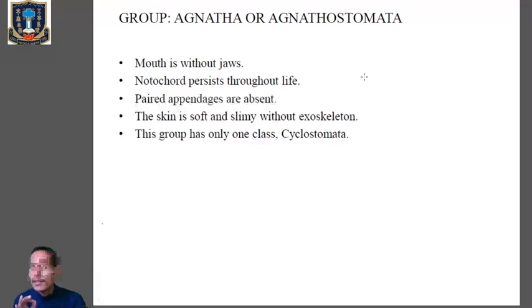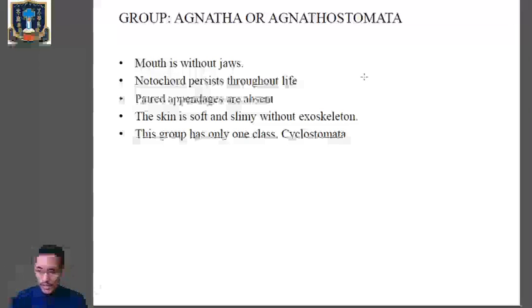Paired appendages are absent. Skin is soft and slimy without exoskeleton, and this group has only one class, that is Cyclostomata. Mainly this group Agnatha is represented by lamprey and the hagfishes, and these are the first vertebrates. They appeared about 450 Mya. Mya means million years ago.